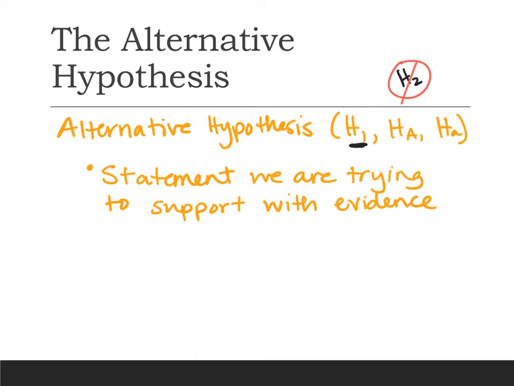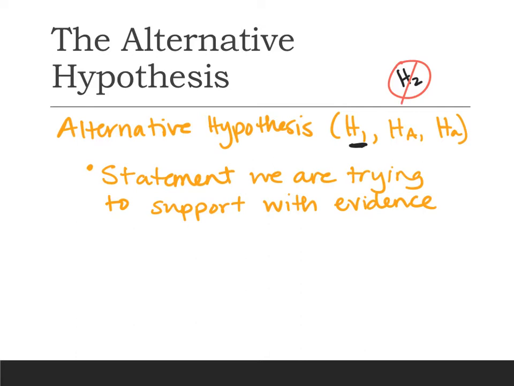The alternative hypothesis is that they're guilty. The prosecutor is looking for evidence to support that statement, that the person they are prosecuting is guilty of whatever crime they're being convicted of.